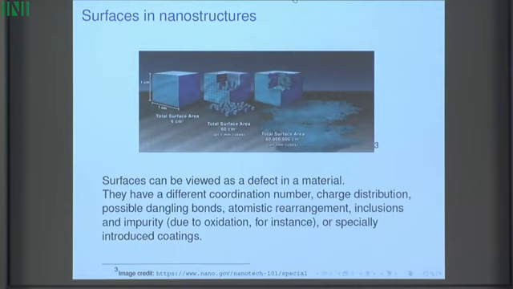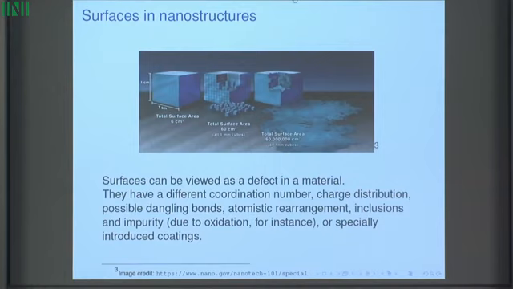And surfaces, to some degree, can be viewed as a defect in a material, as a special place in the material. So they have different coordination number. Atoms might have dangling bonds, since there are no neighbors on the other side. They rearrange. Atomistic structure itself rearranges.